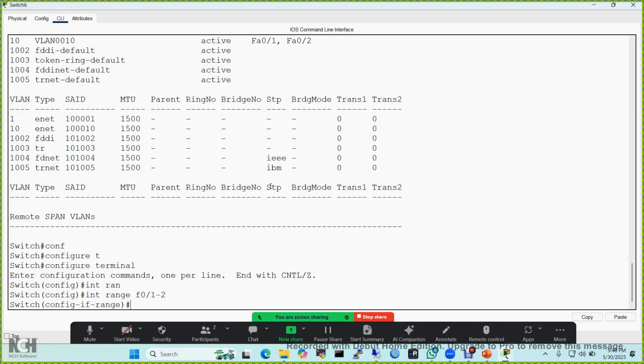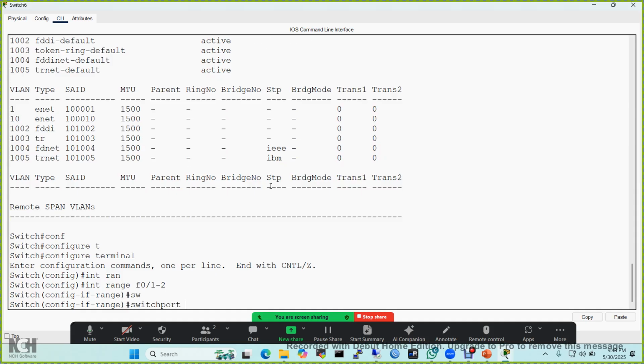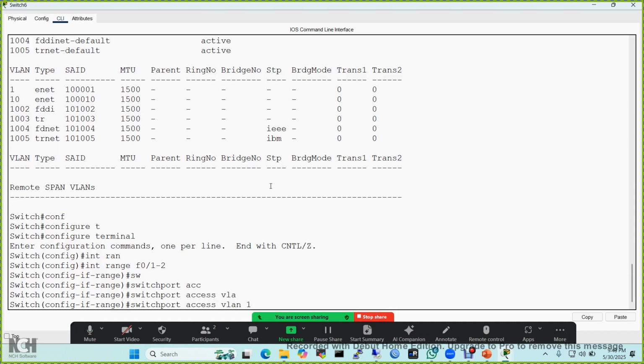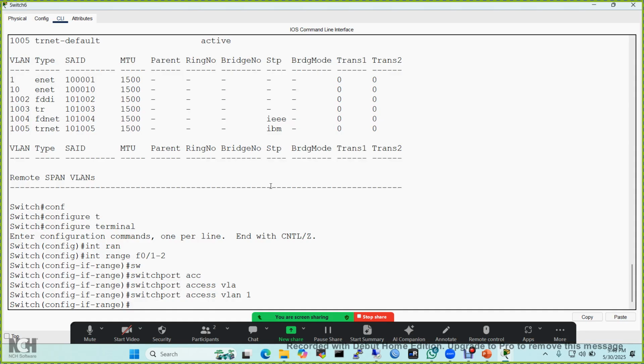I am going inside the two ports together. Then I will assign a VLAN: switchport access vlan. By default, all the ports are in VLAN 1, isn't it? Yeah, I have changed it for checking something. That's why it has shown VLAN number 10.